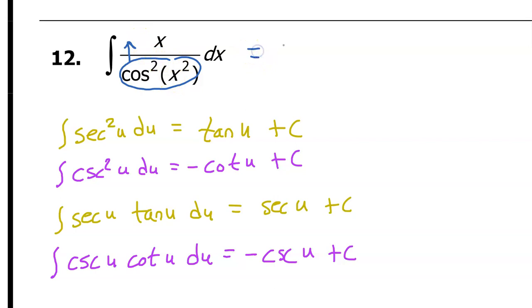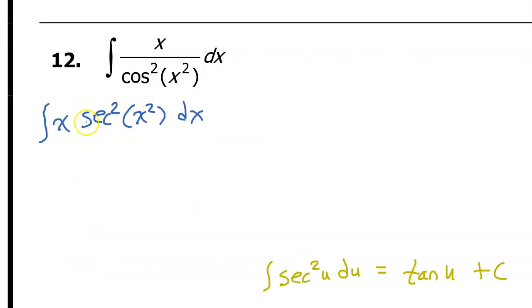So I could rewrite this integral as the integral of x times secant squared of x squared dx. This would be the same thing. I know how to take the integral of secant squared u, so I can probably solve this by u substitution.